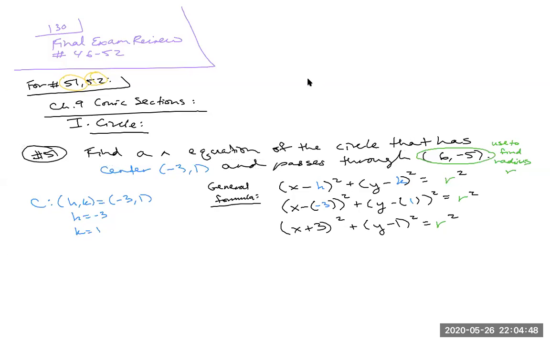Now we have the point (6, -5). That means x is equal to 6 there, and y is -5. So we're going to plug the x value of 6 in and the y value of -5 in, and then back solve for r.